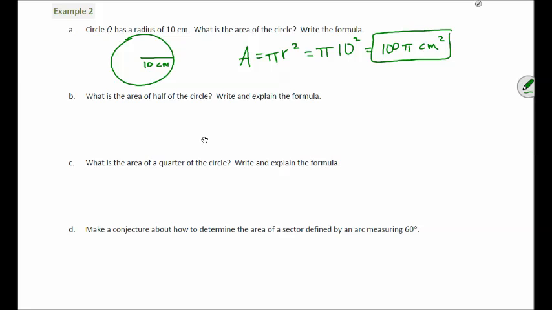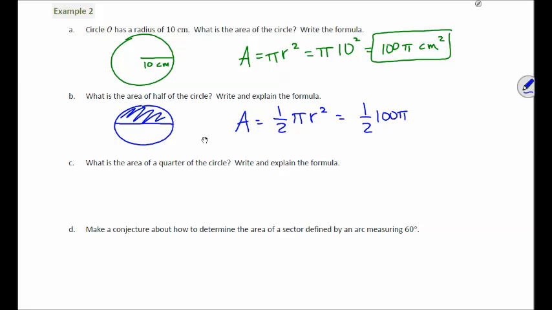What is the area of half the circle? Well, if I had half the circle, then it would be half of this, or the area would be 1/2 pi r squared, which is half of 100 pi, which is 50 pi centimeters squared.